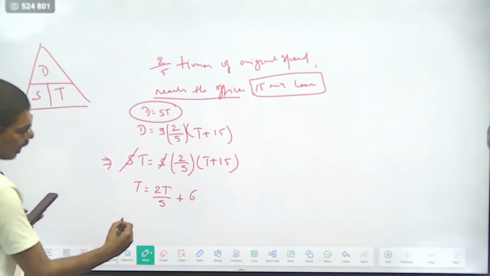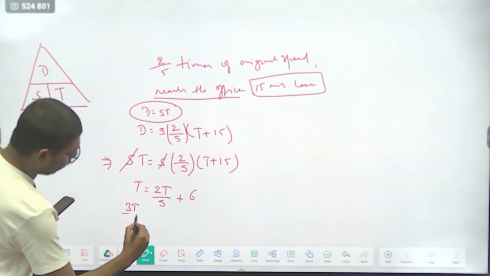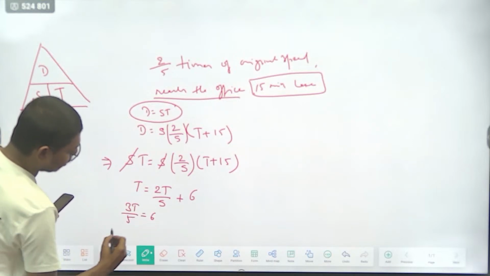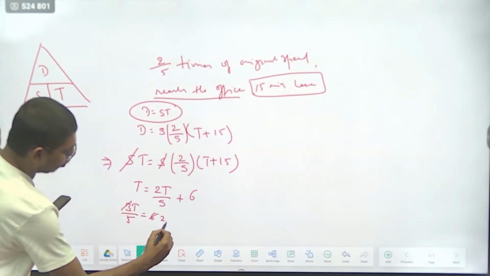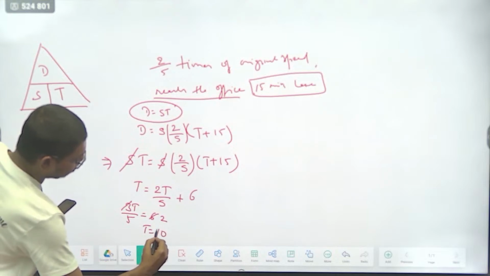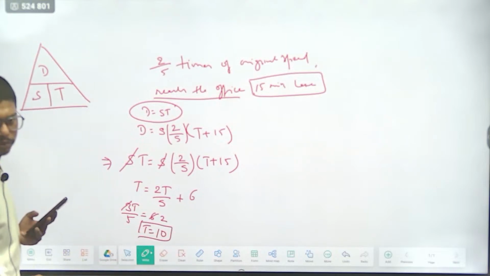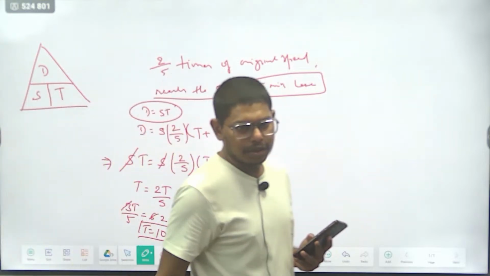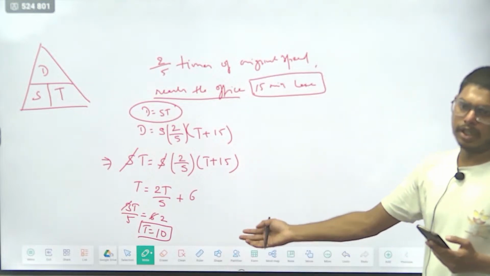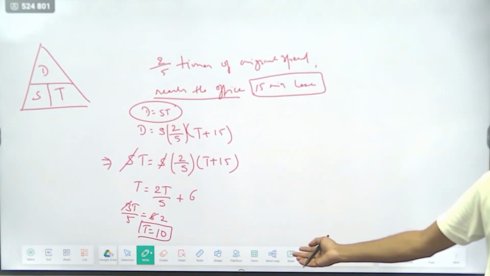Now we'll take it this side. Is it 3T by 5 is equal to 6? This one gone 2 times. T is equal to how much? 10. Is it the usual time taken by that person to reach the office?